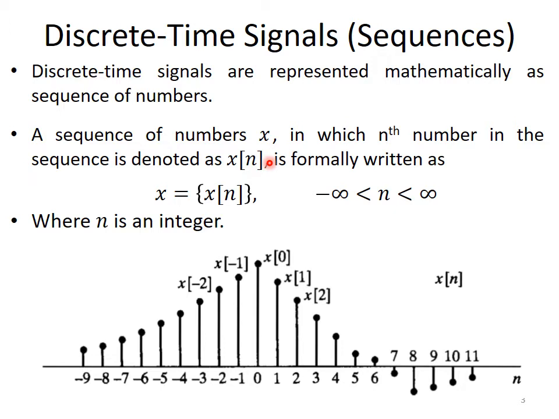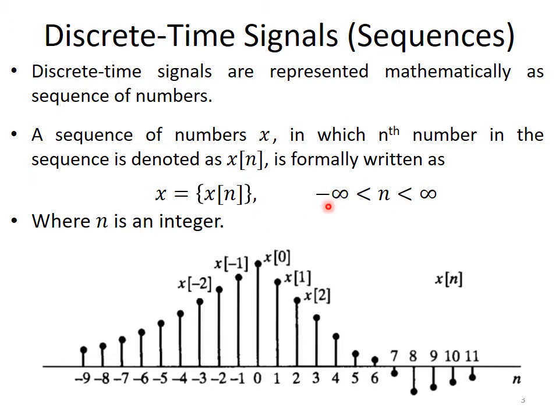So x of n is basically a discrete time signal or a sequence where n is the independent variable, and n can have only integer values, unlike continuous time. In continuous time t can have any value, any infinitesimal value, right? But n here can have only integer values. It can be negative.